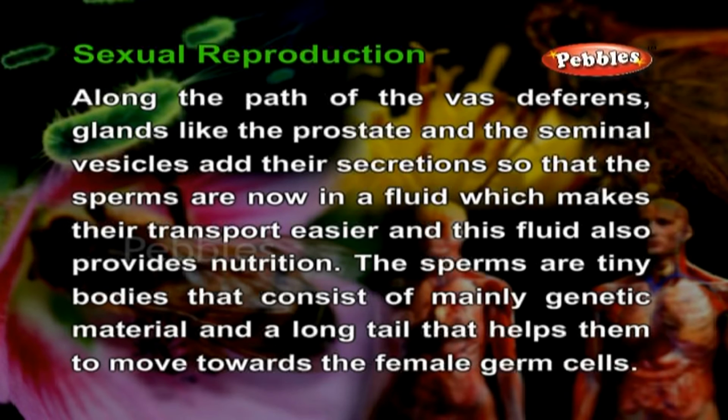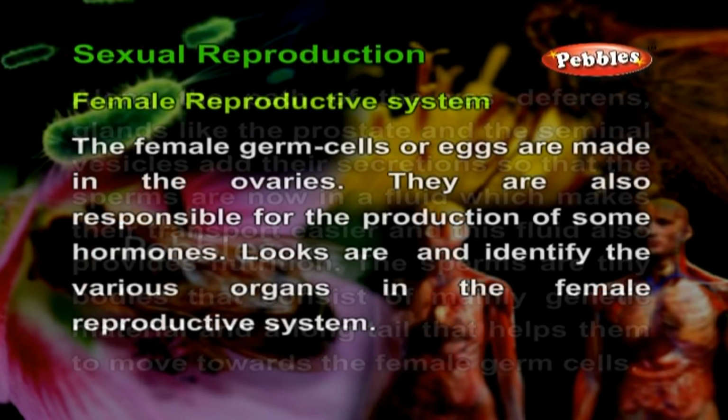Along the path of the vas deferens, glands like the prostate and the seminal vesicles add their secretions so that the sperms are now in a fluid which makes their transport easier, and this fluid also provides nutrition. The sperms are tiny bodies that consist of mainly genetic material and a long tail that helps them to move towards the female germ cells.